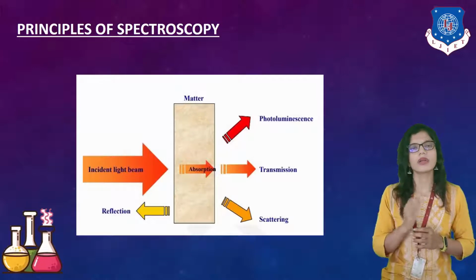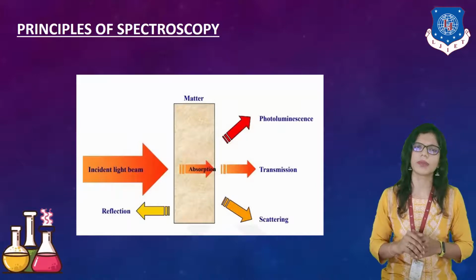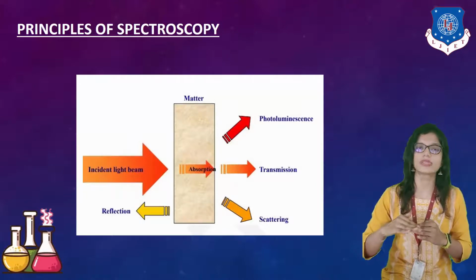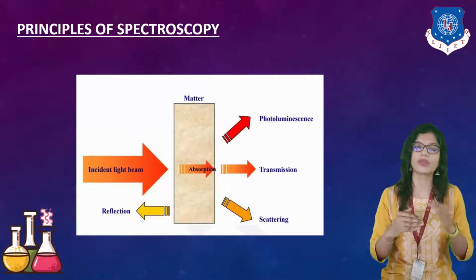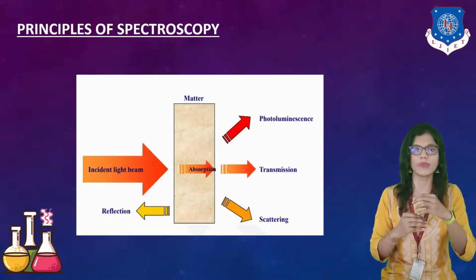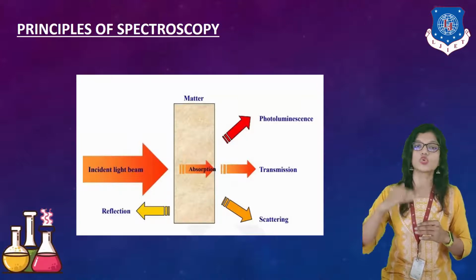Because here comes the actual principle: atoms generally remain at the ground state level, right? So when they get exposed to energy, either in the form of heat, light or any other form, they will absorb that particular energy and move from the ground state to the excited level.